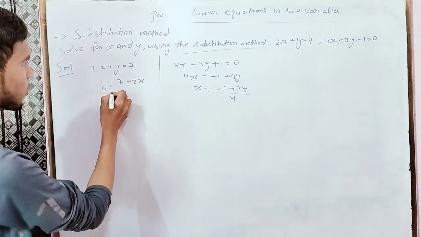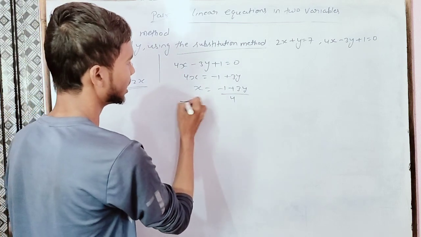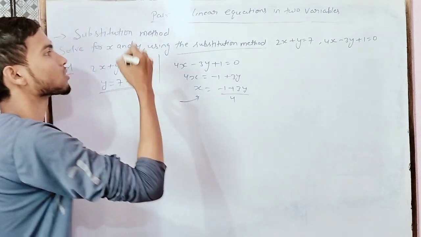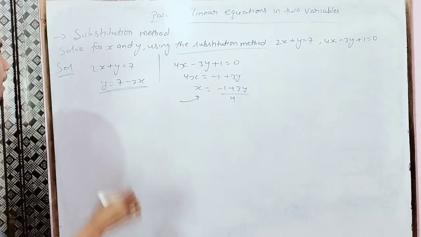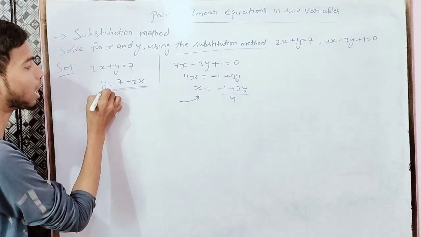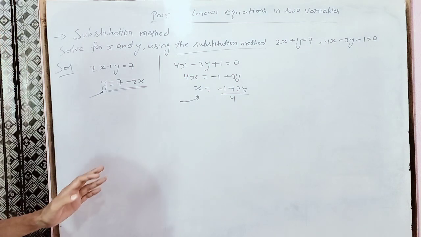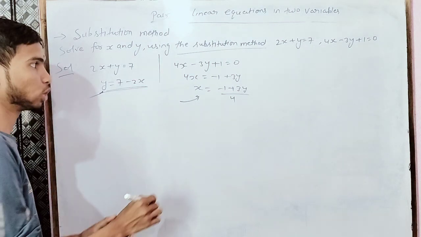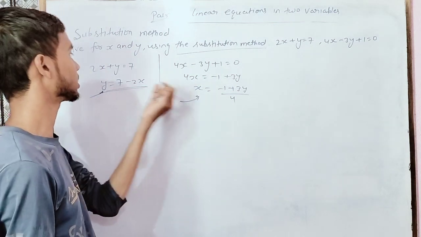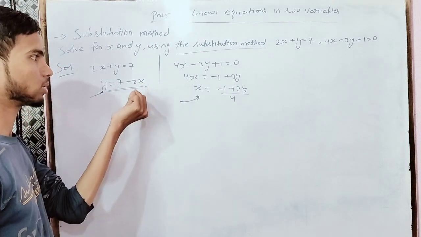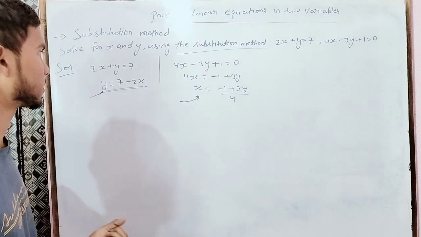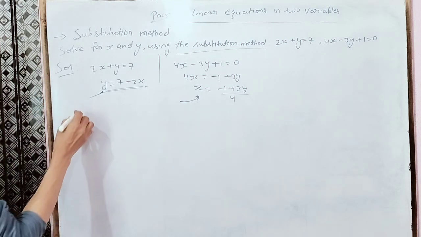Here we will put this value in this, and this is the substitution method. We are substituting the value of this single variable in this equation. Even you can put the value of this in this equation. So it's your choice.